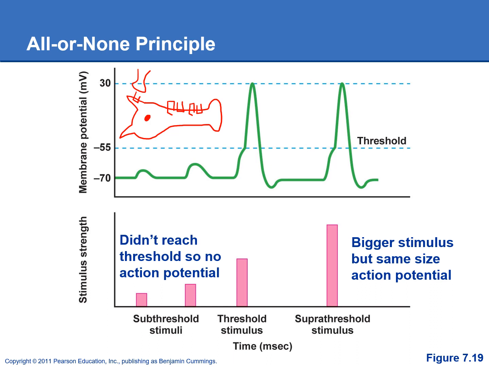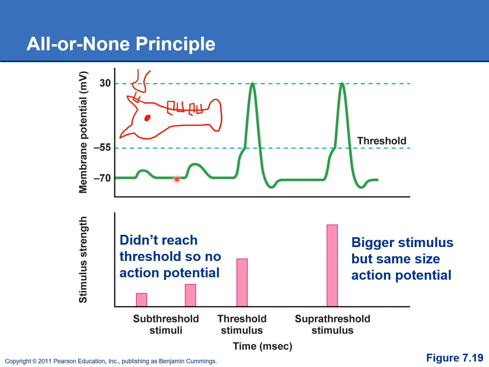Here's a picture of the all or none principle. On the bottom, we've got some stimuli that are pretty small, and they're going to be opening up some ligand-gated channels in the dendrite here, or it could be in the soma.